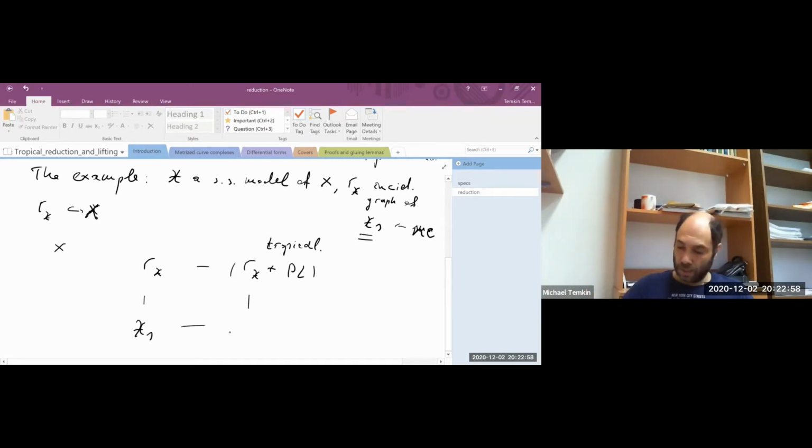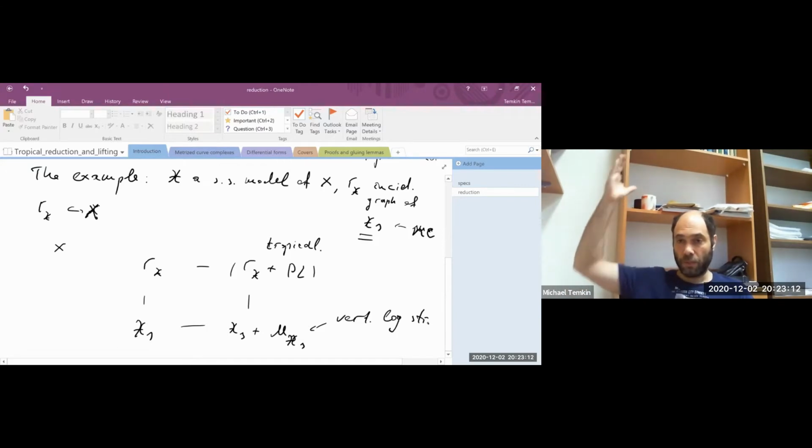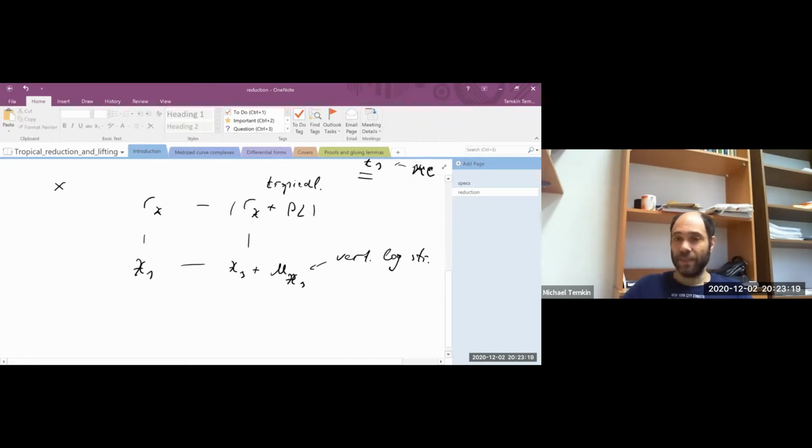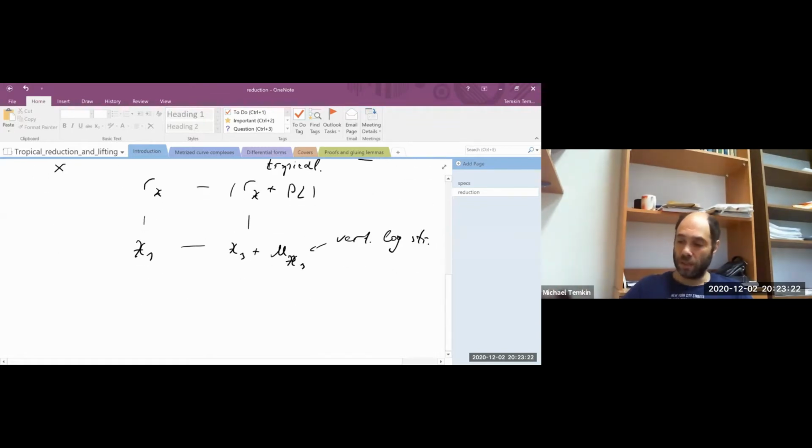One way is to consider X_s and add a vertical log structure, the log structure given by all divisors which are vertical, which are located on the closed fiber. So this is one way. Another way, which we'll use in this talk, is more ad hoc. One can take Gamma_X, this PL structure, and enrich it by some data from algebraic geometry over K tilde.